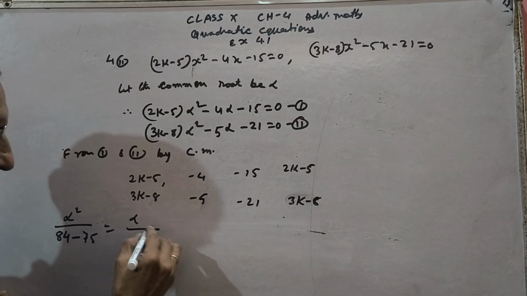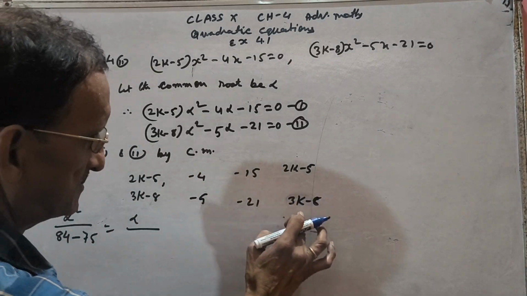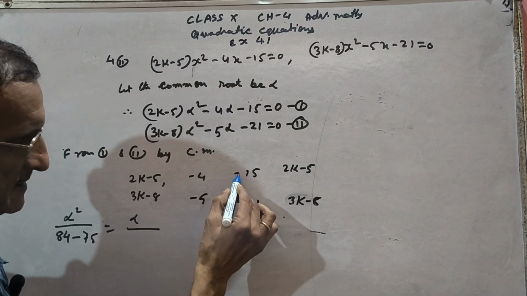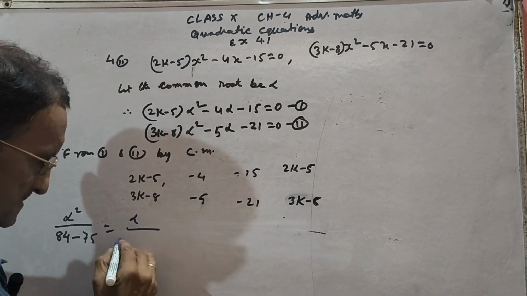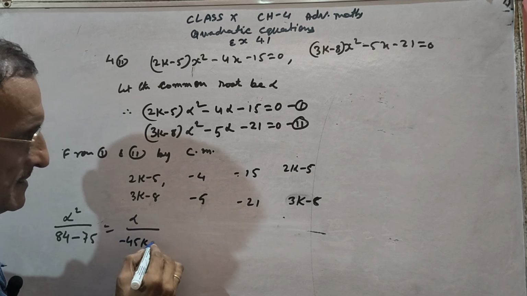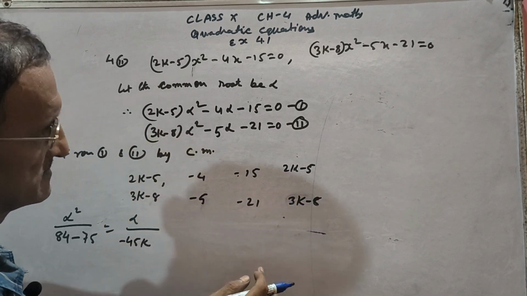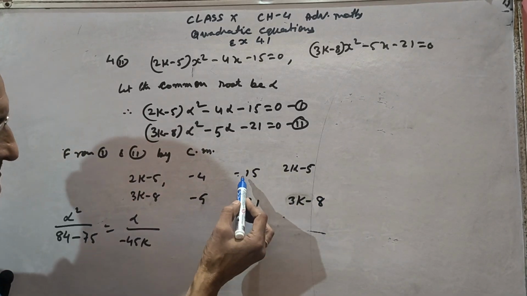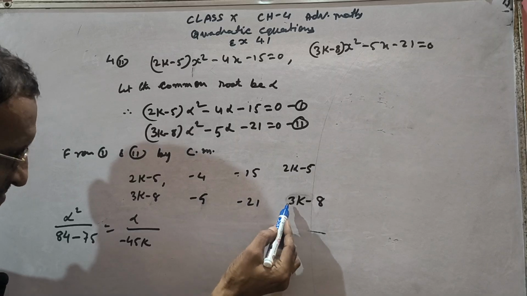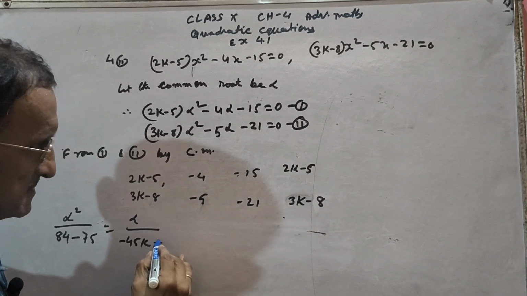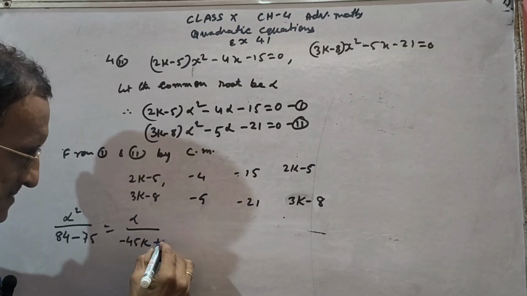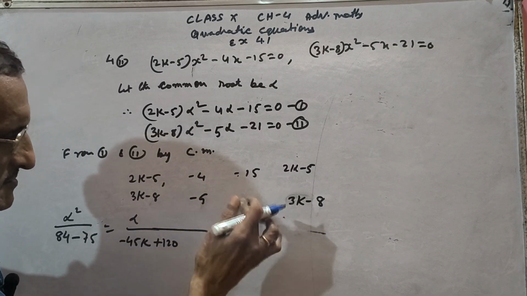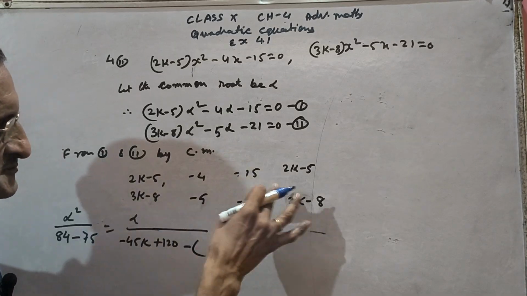Then you find alpha by, this into this. Multiply here, how much we get? Minus 15 times 3 is minus 45k, and minus 15 times minus 8 is plus 120. Then this into this, minus this into this.